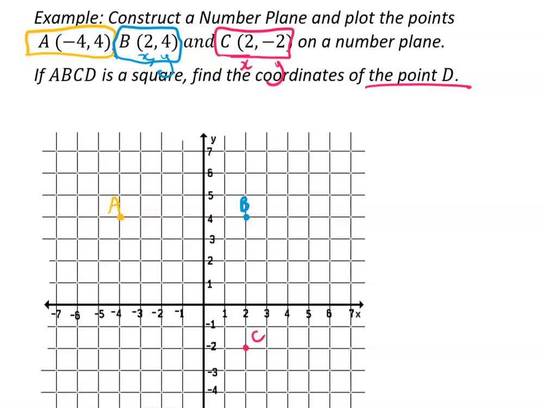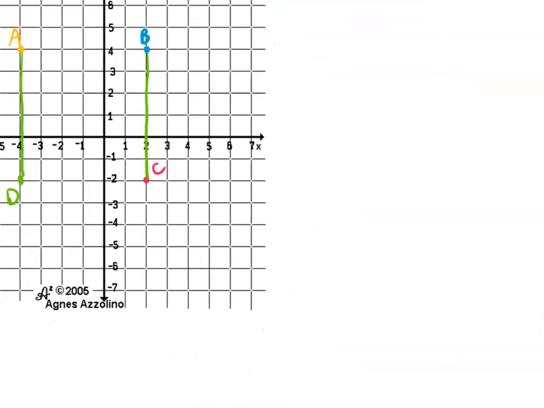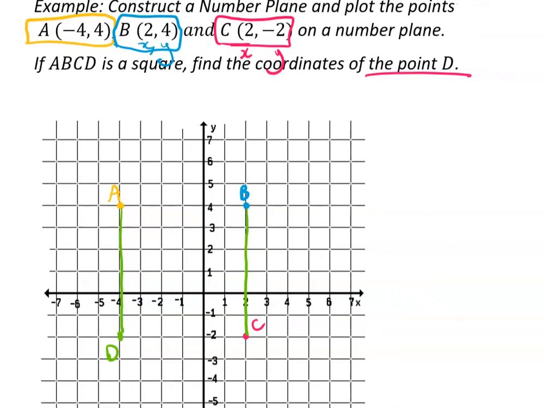So we're going to go across another 6. Put a point there. And then up 6. Excellent. All our sides are 6 units long. All right, so there's our point D. And you'll see that if you join that up nice and neatly, you'll actually make a square.